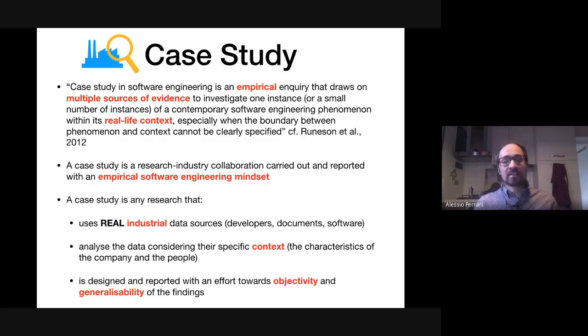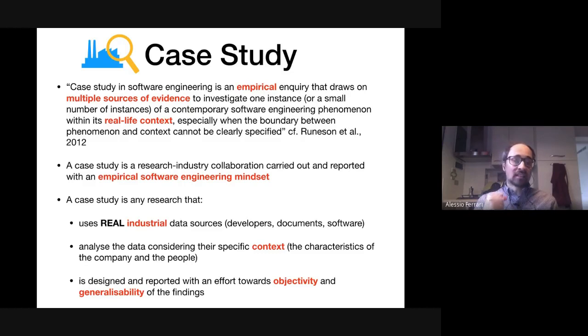You have to bring with yourself all the background on experiments, surveys, and qualitative studies, all the things that you've learned up to now, and use those paradigms to interpret the industrial reality and to carry out research in a systematic way.